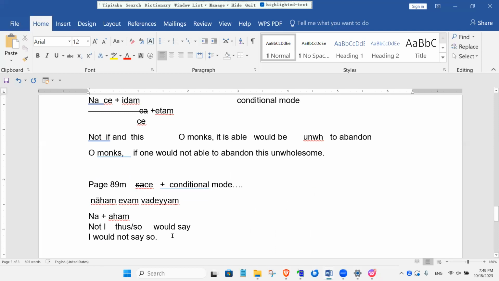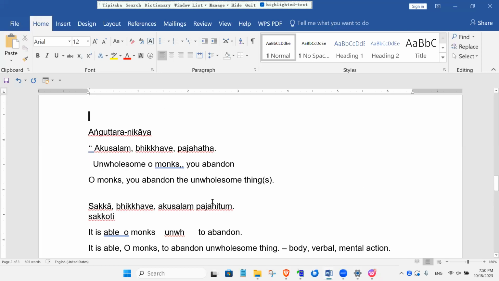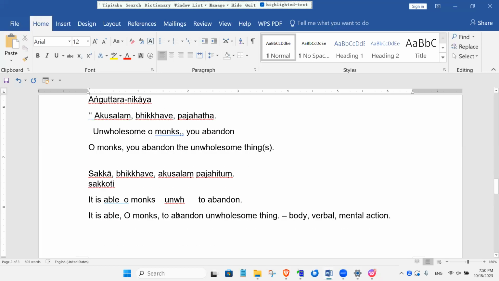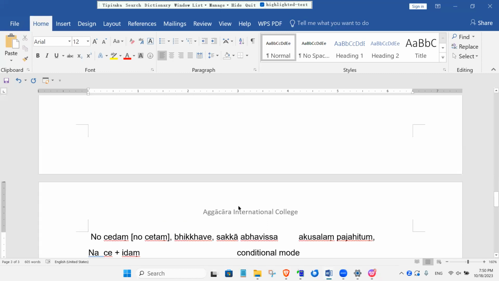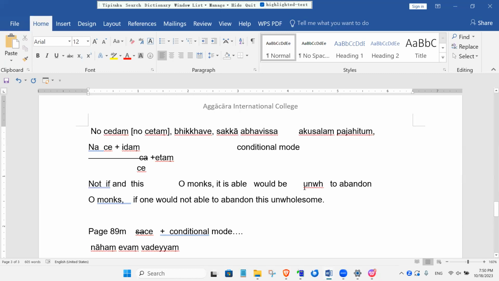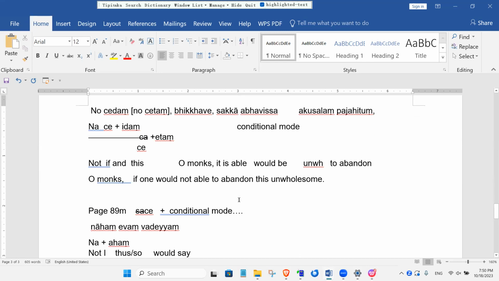It's actually saying the same thing but in different Pali. Do you understand the meaning? It just says that the Buddha says the opposite statement: everybody can abandon the unwholesome. If you cannot abandon the unwholesome, the Buddha would not say so.